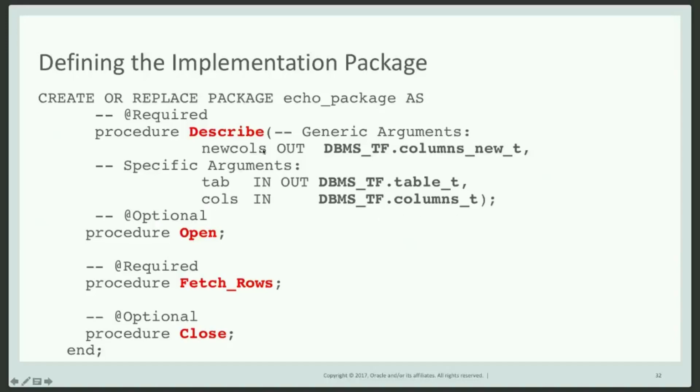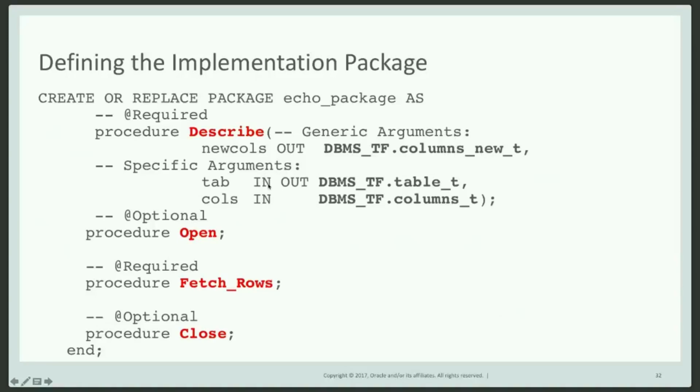So I'm going to add new columns, but at this stage I don't know what the data type of those columns are. So I use my metadata package, DBMS_TF, to in effect type the columns on the basis of the fact that I'm going to add new columns, and I'll determine at runtime the data type for those columns.